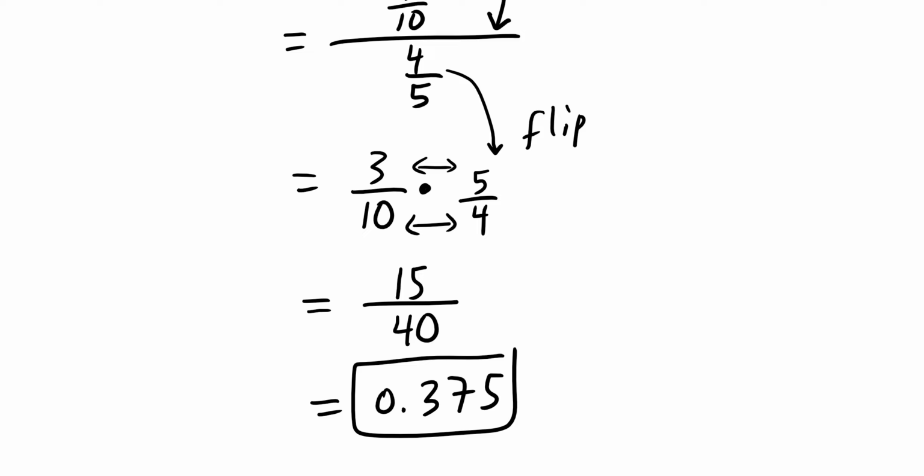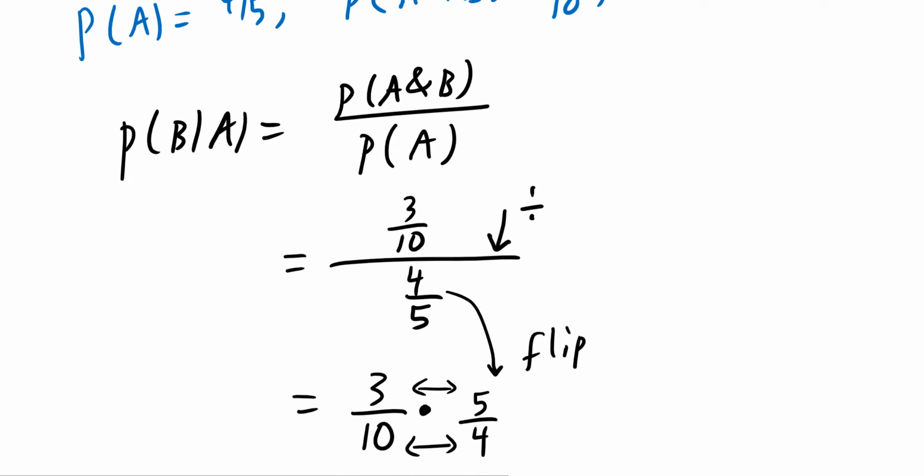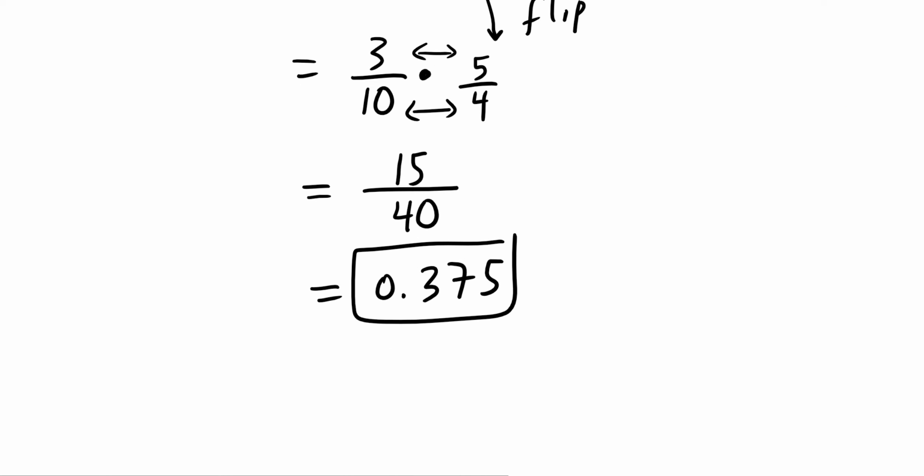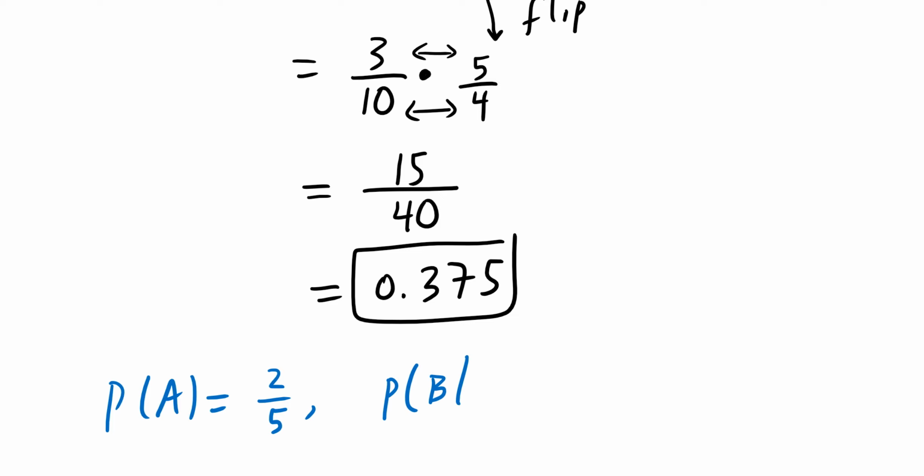What about if they ask us to find, let's say they give us the probability of A is 2 over 5, and the probability of B given A is 1/2.